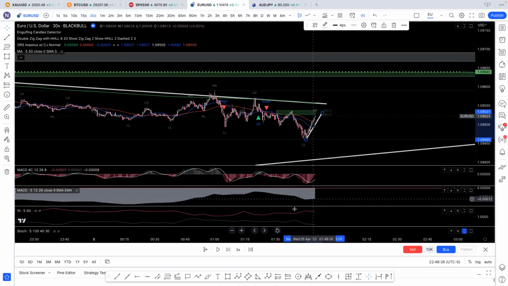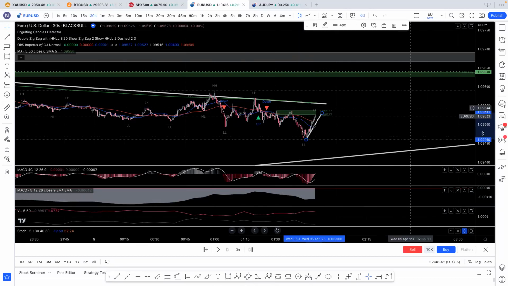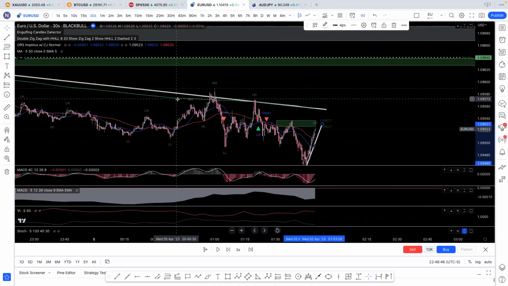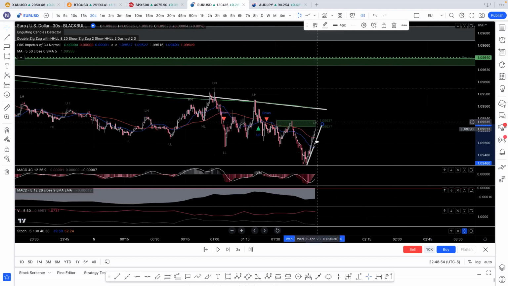Basically, I'm looking for it to be bearish. And another key note to be mindful of is the 50 moving average on the 5 minute time frame. It is above my price, so it gives me confirmation for the sell. So let's see if it plays out that way.